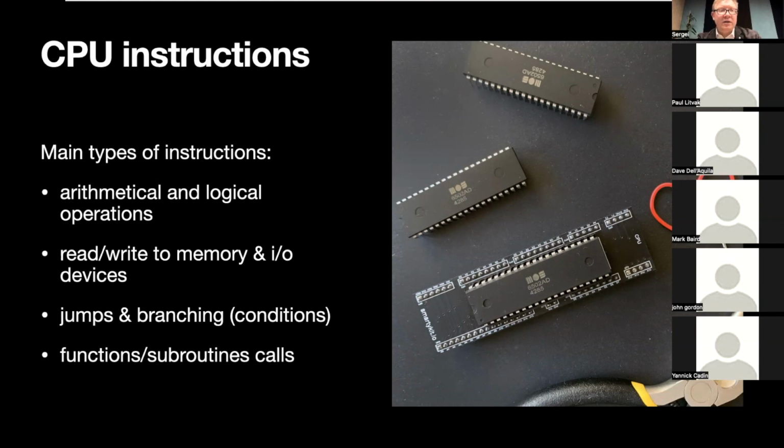Processors need to multiply, add, subtract, divide. The first ones for sure didn't have any kind of floating point calculations, but right now they do. And also the first CPUs don't really have division, and you need to implement it in software.